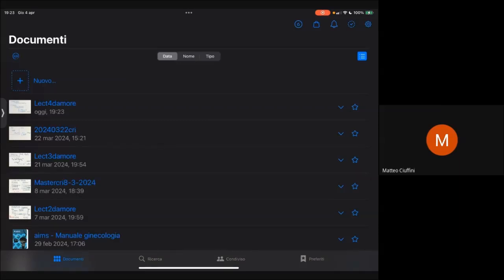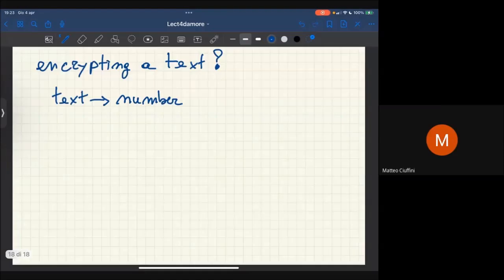It is really immediate to interpret a text as a number. So if we say that we are encrypting a number, we are general enough because whatever text can be interpreted as a number. Just if the text is too long, it can happen that the number is too big.